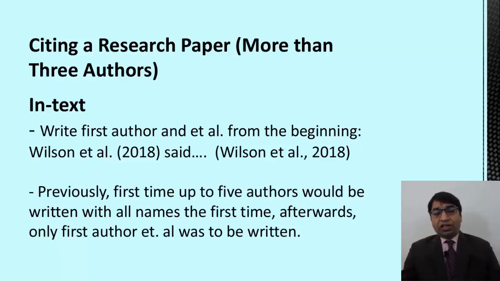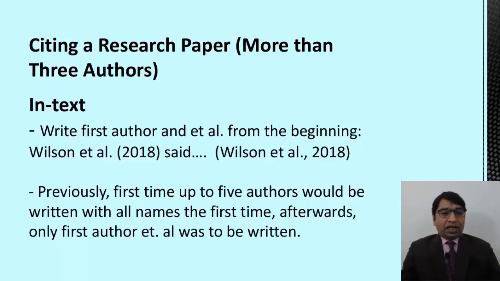First, let me tell you, previously what would happen, the first time, 3 to 5 authors would be written with all names, and afterward only the first author and et al. was to be written. But now APA says that if there are more than 3 authors, then from the first mention, from the first in-text citation, you should write the first author name and et al, right?